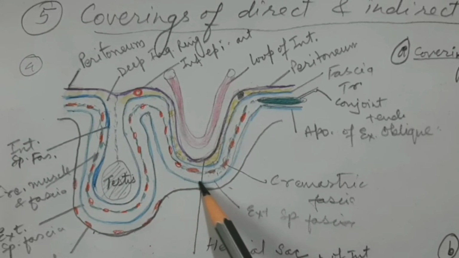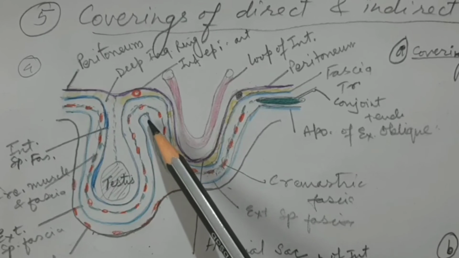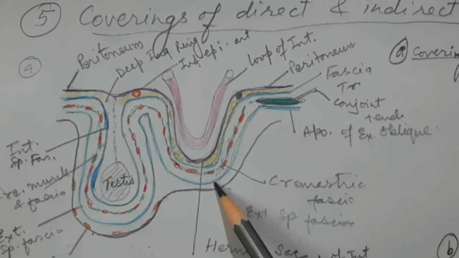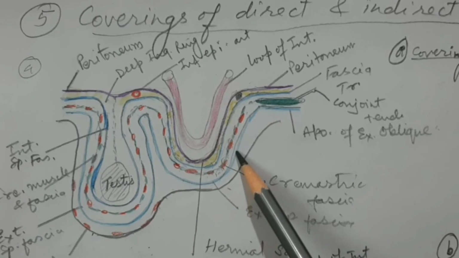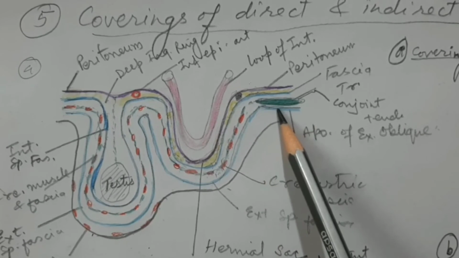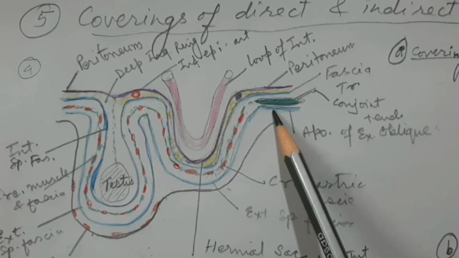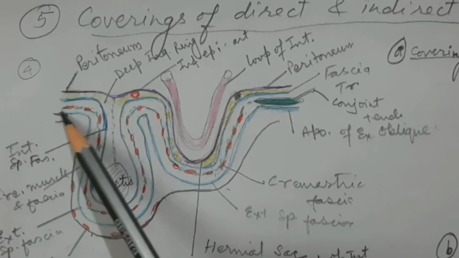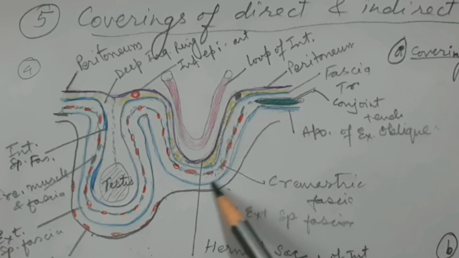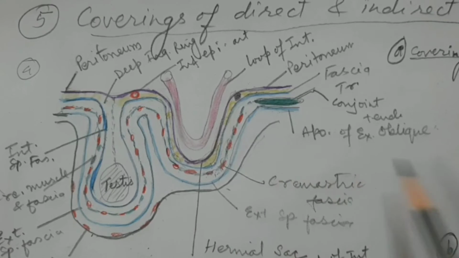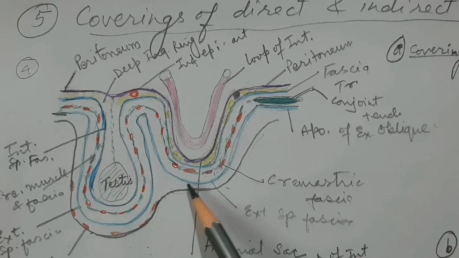Then the third covering is the external spermatic fascia, which is from the margin of the superficial inguinal ring, from the aponeurosis of the external oblique abdominis, where this fascia begins. So the outermost covering is the external spermatic fascia, and then come the skin and the dartos muscle.